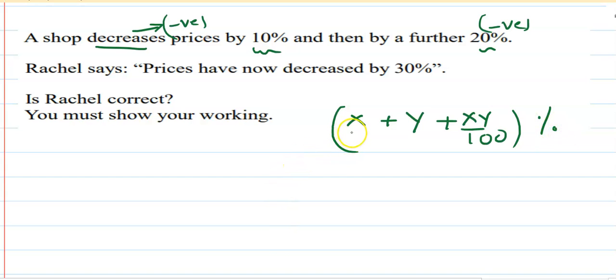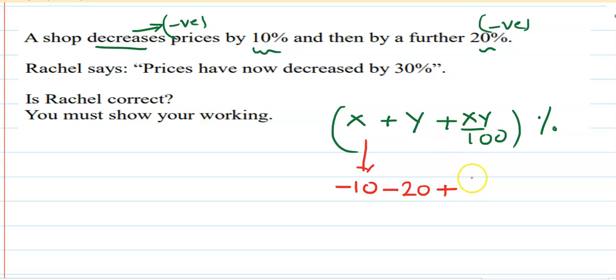So x can be anything. If it is an increase, we put the x value with a positive sign. If it is a decrease, we put the x value with a negative sign. Here it is 10%, and because it is a decrease, we put minus 10. Then y is again negative because it is a further reduction, so y is minus 20.